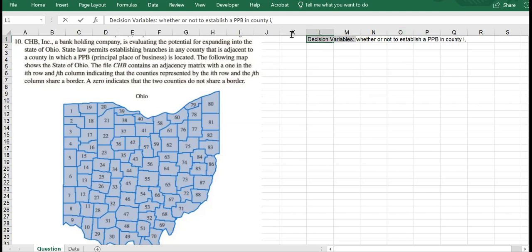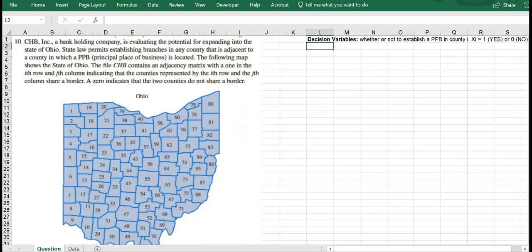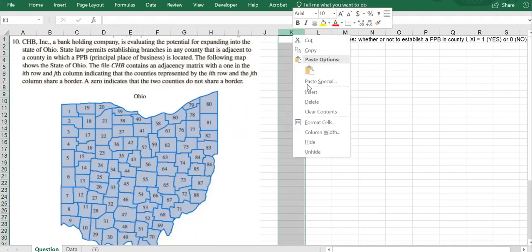That's how we can model this as a binary LP. Whether or not to establish a PPB in county i, we're going to call this x_i. And x_i can be either 1 or 0. 1 means yes, they're going to open a PPB, and 0 means no. This is how we can define the decision variables.